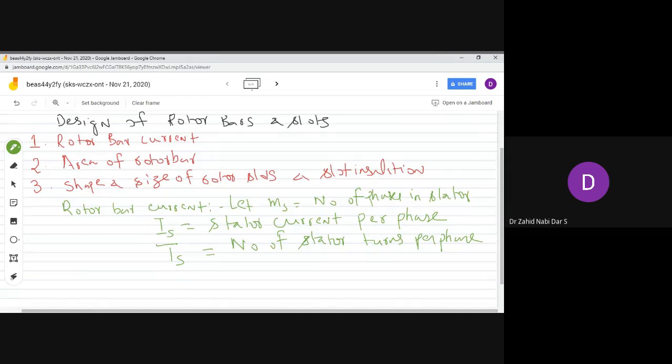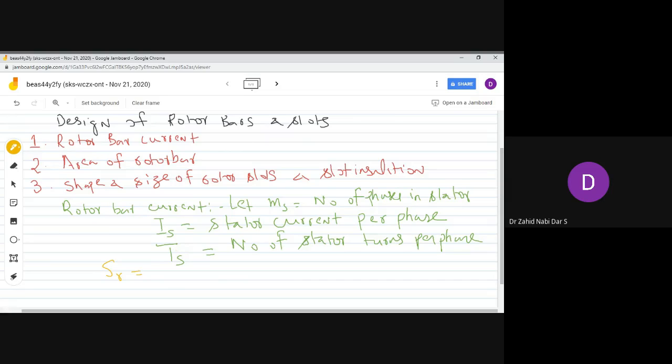And then you have Sr, that you can write as the number of rotor slots. This number of rotor slots is essentially the number of rotor conductors, because each slot will have some conductors.